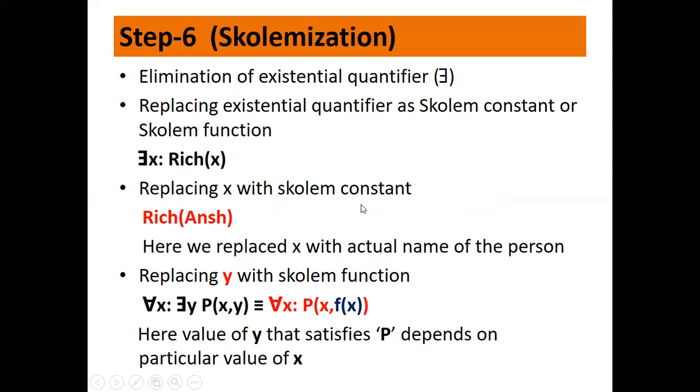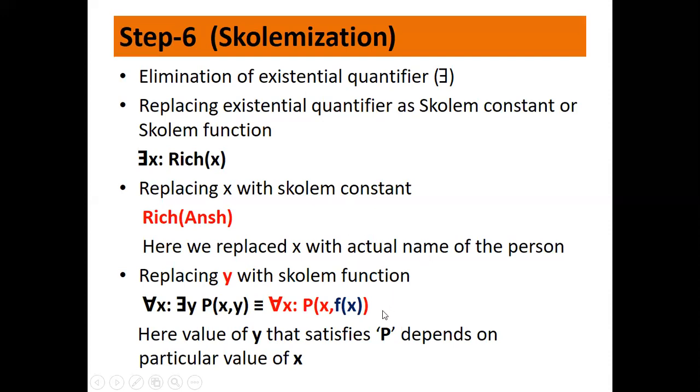Replacing x with a Skolem constant. So here we write Rich(Ans). Ans is the name of a person, right? So here we replaced x with the actual name of the person. You can write anything here, but I've just written the name as Ans. So this is eliminating the existential quantifier using a Skolem constant.